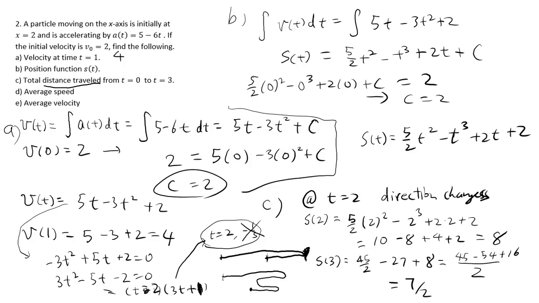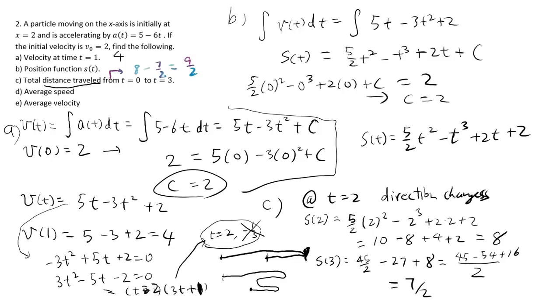Okay, now I need more room somewhere. Let me try to compute over here for this one. This one now would require the distance 8 minus 7 over 2, which is 16 minus 7 over 2, so 9 over 2. So that's the distance between time 2 and 3.